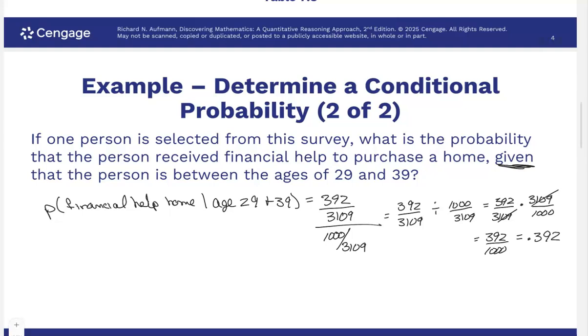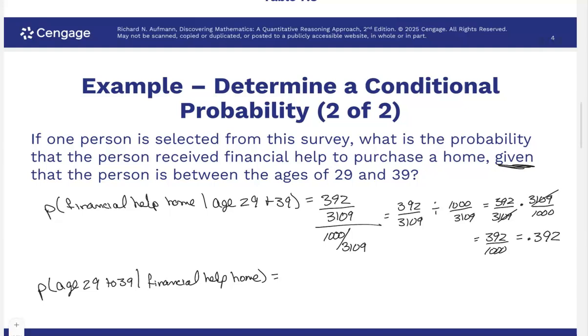Now, that order, again, is going to be important because this would be different if we wanted to find the probability that they were age 29 to 39, given they received help buying their home.